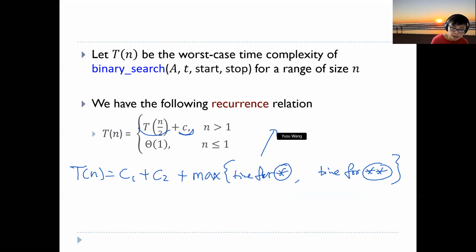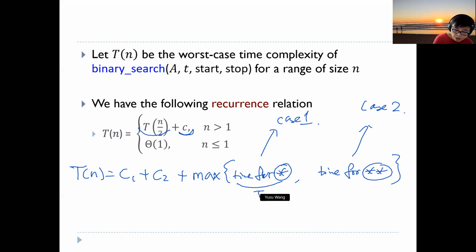So basically this is case 1 if we go to the left, or case 2. And we're taking the worst because we're looking at the worst case. Each of these is T of n over 2.